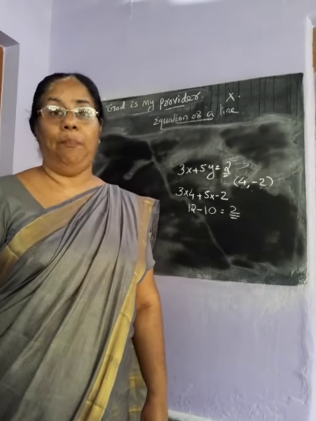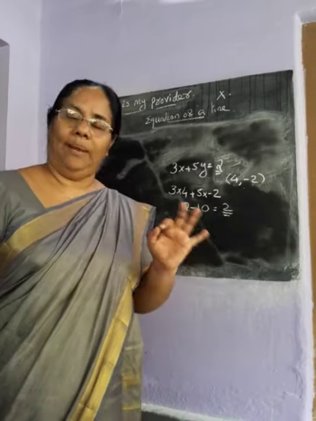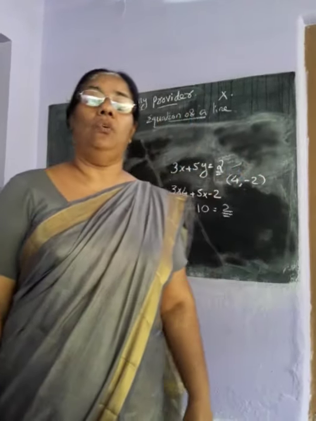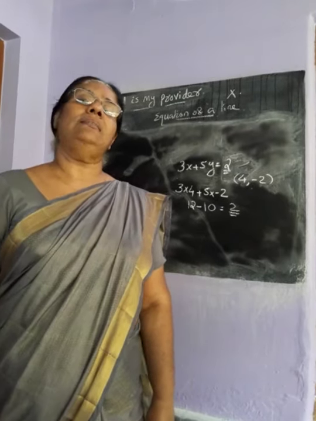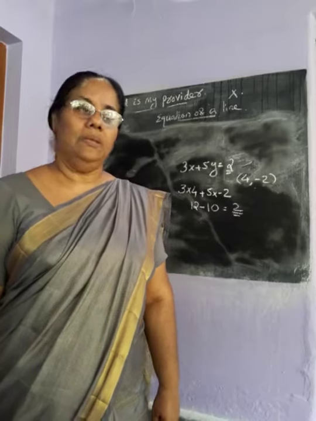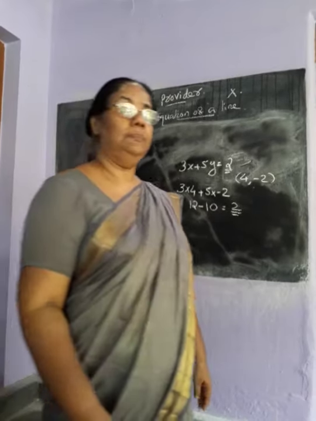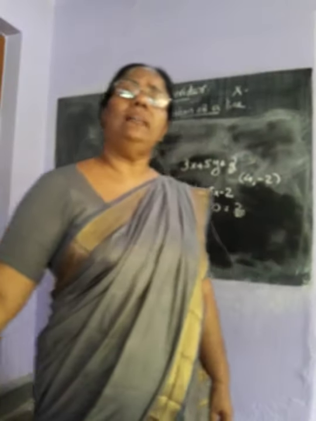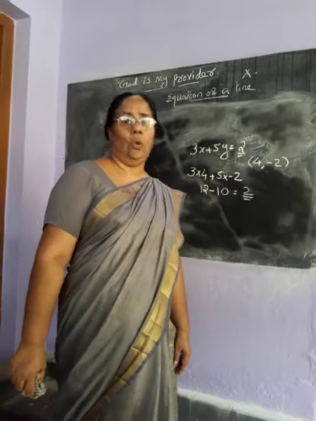How to check that a point lies on the line? In the place of x, we substitute the first coordinate, and in the place of y, we substitute the second coordinate. Understand? Now we continue that chapter, slope. Here, we know that three ways are there to find the slope.